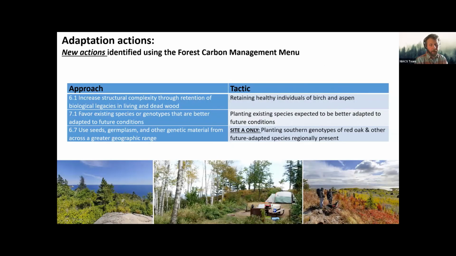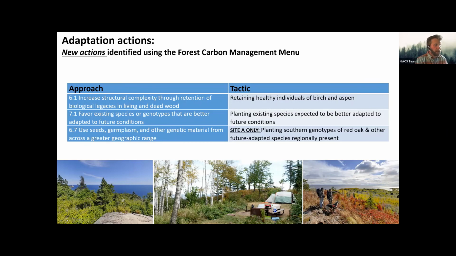And then they identified a bunch of new stuff using the menu. And that really relates to introducing some southern adapted species or genotypes. In the more natural area, they were restricted on their ability to introduce new things.